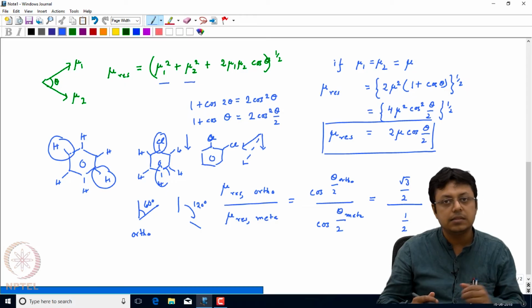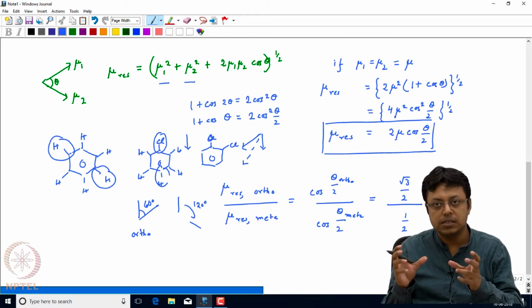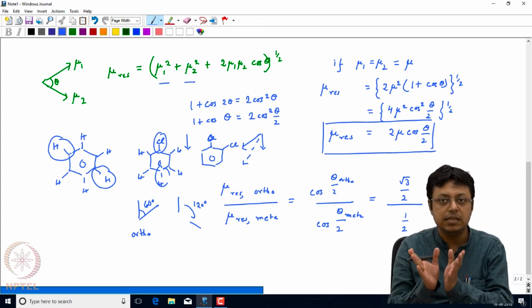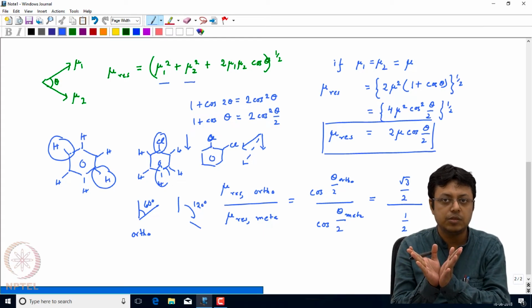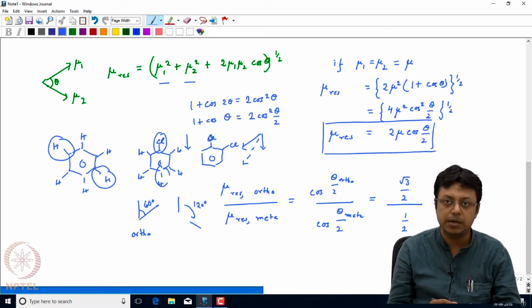Now, the next thing is that here we have given you a very nice example, in the sense that I have two bonds with bond moments which are individually permanent dipole moments, oriented in space at a particular angle, which depends on the molecular geometry.